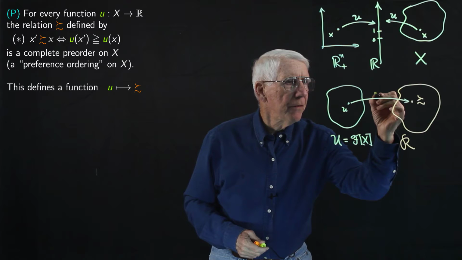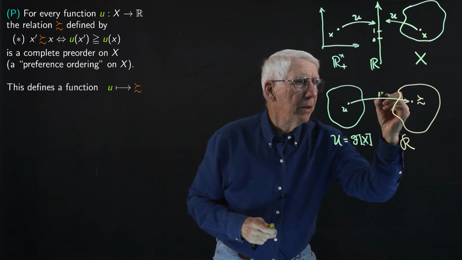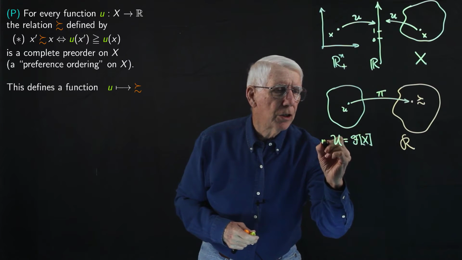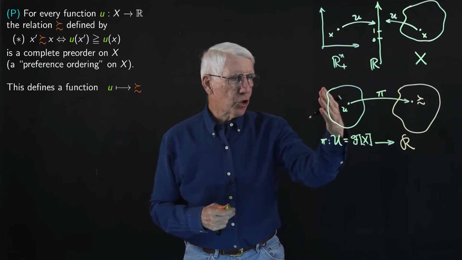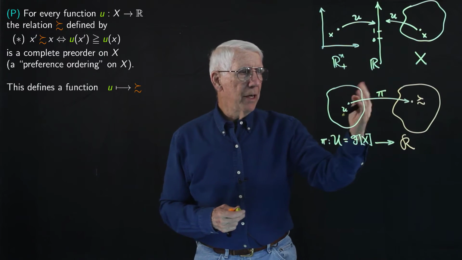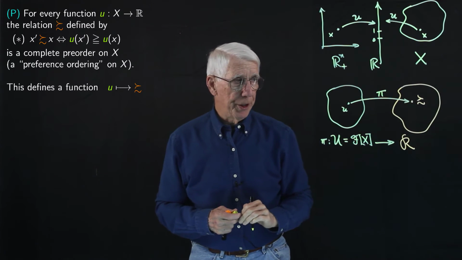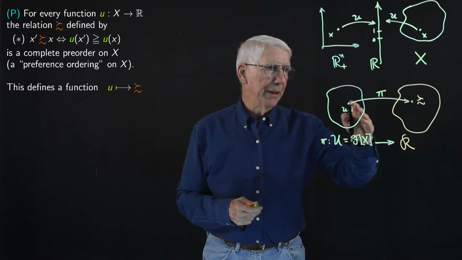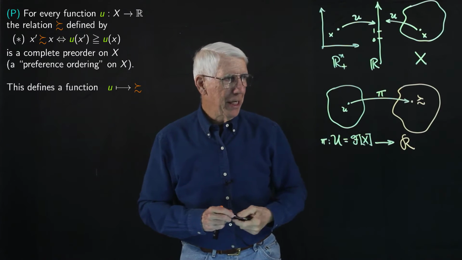And this defines a statement P over here, defines a function, and I'm going to give that the name pi, and that pi function maps from the set script U into the set R for every utility function, picking out a complete pre-order. And I've used pi here just because this is a pre-order or a preference relation, and so pi seems like a natural symbol to use for this function.